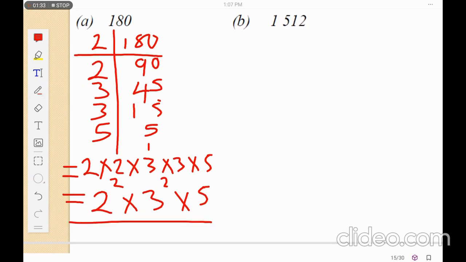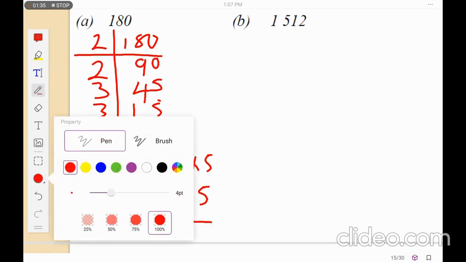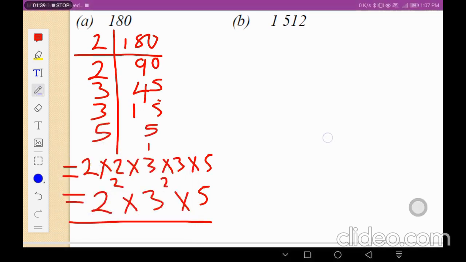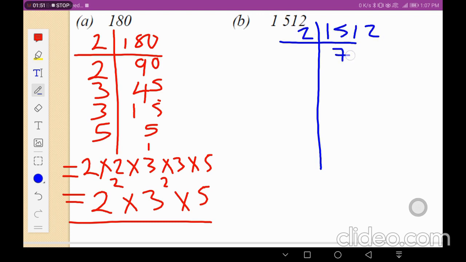Let's do the same for 1512 there. We do long division. 1512, 2 into this one, we get 756.